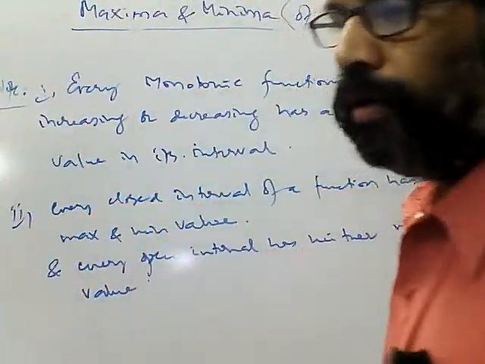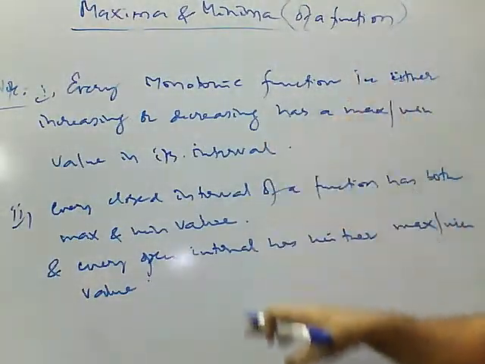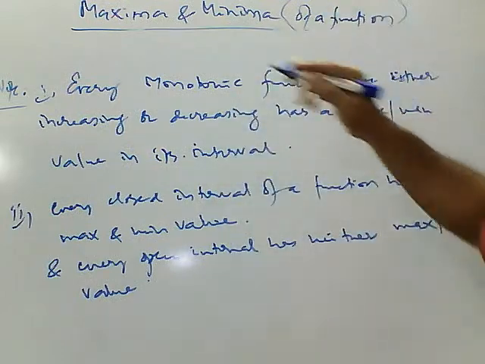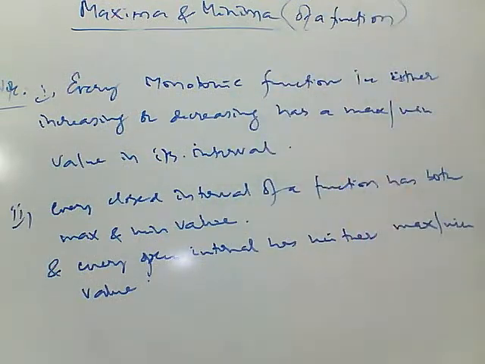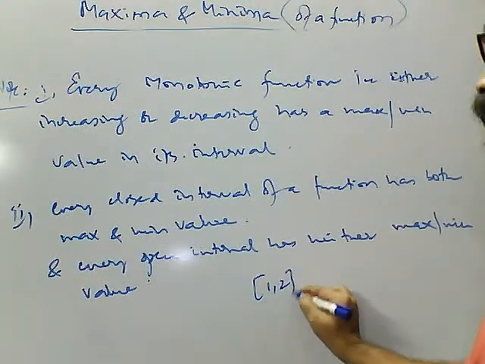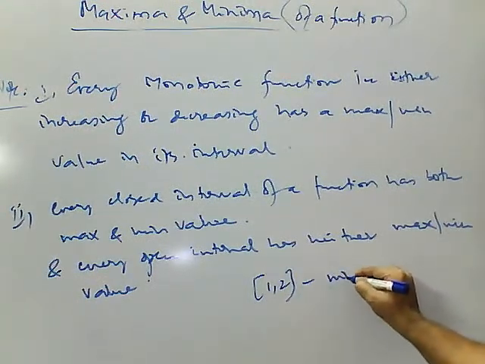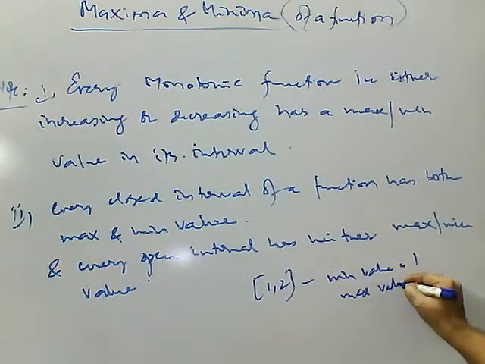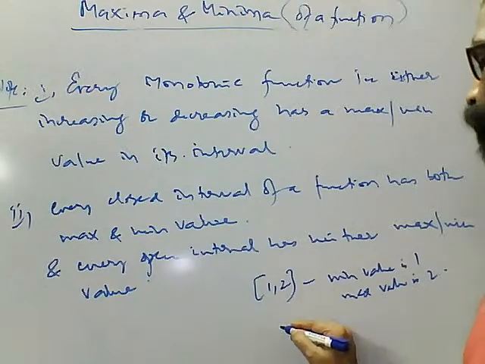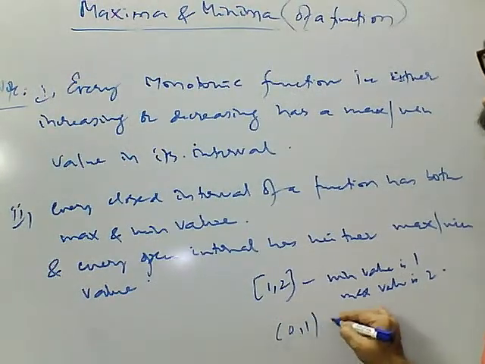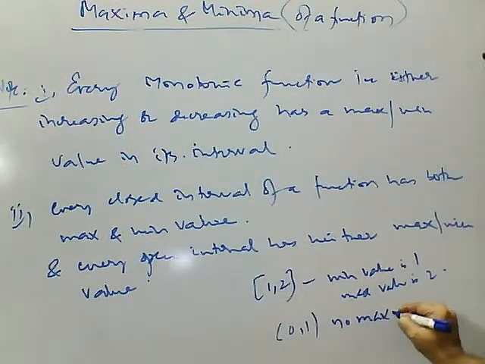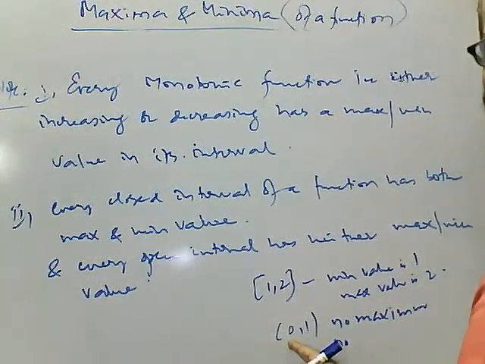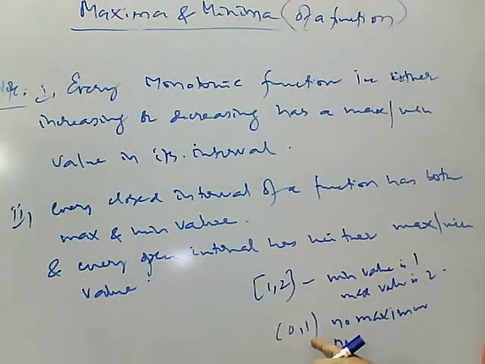Now see here, an example. For every monotonic increasing or decreasing function, the function has maxima or minima, because it can come like this, a curve, anything. If I take the closed interval 1 comma 2, it is inclusive, so the minimum value is 1 and the maximum value is 2, clearly. Suppose the open interval 0, 1: no maximum value and no minimum, because 0 is not included, we don't know the least value, and 1 is not included, we don't know the highest value.